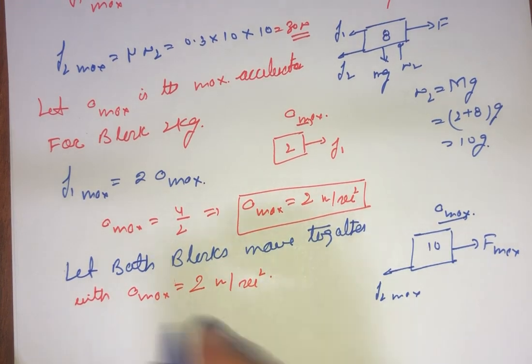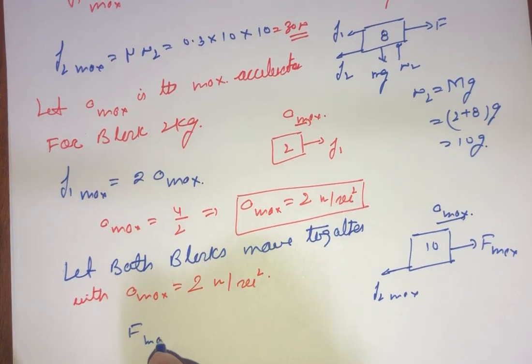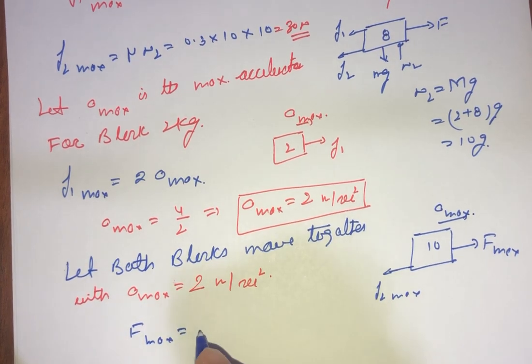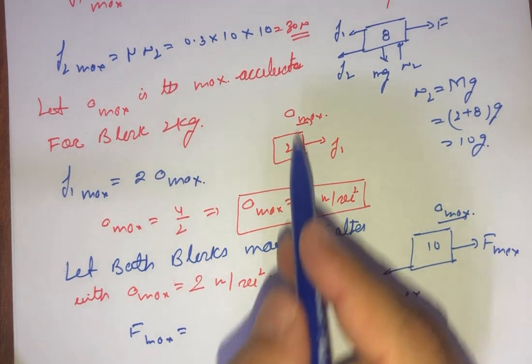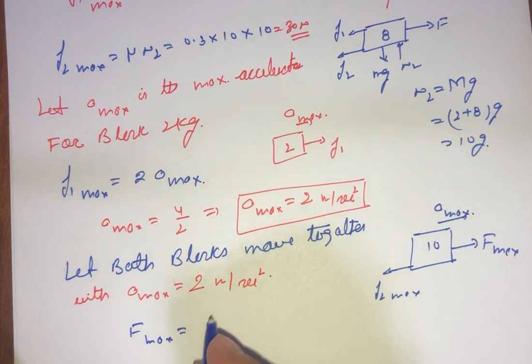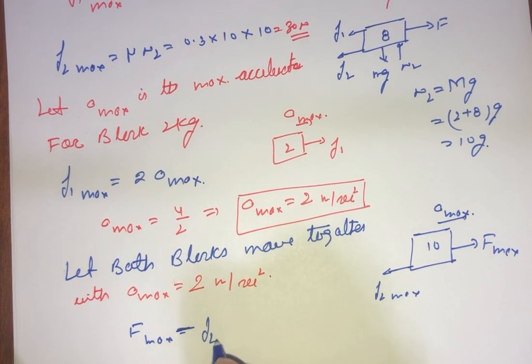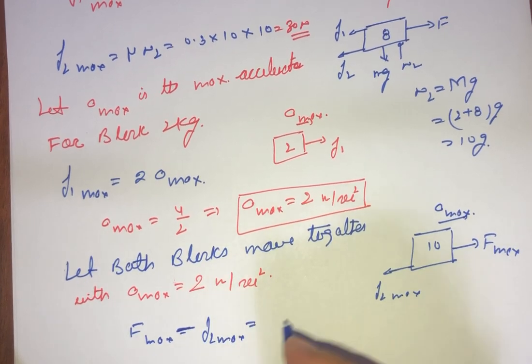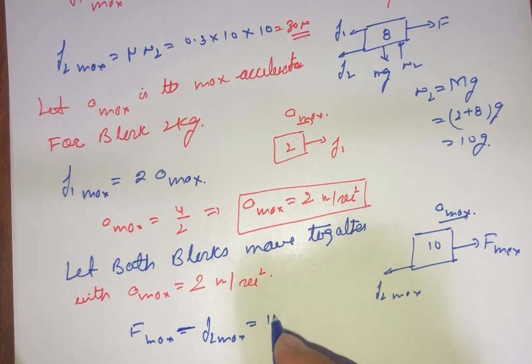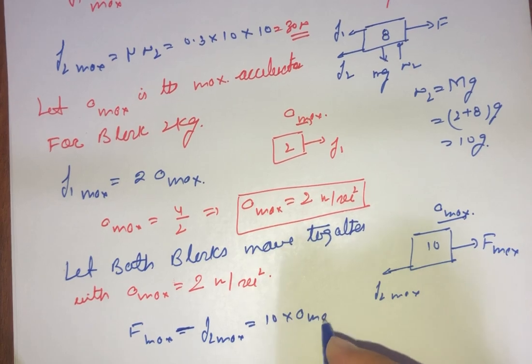From here we can write that F max minus F2 max, where F2 max is 30, is equal to 10 into A max.